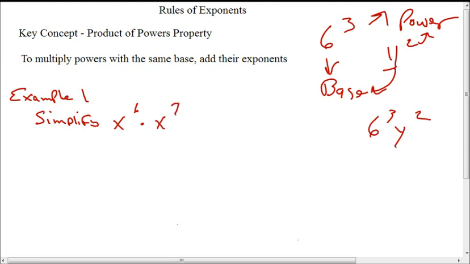So again, let's use our product of power property. x to the 6 times x to the 7 is going to give us x to the 6 plus 7. We're just simply adding the actual exponents. And once we add the exponents, it becomes x to the 13th power.